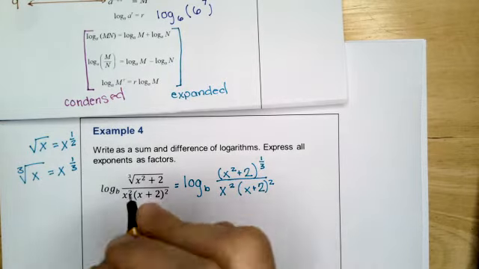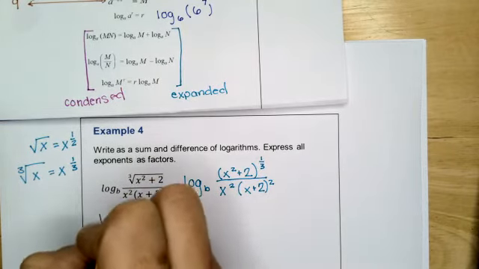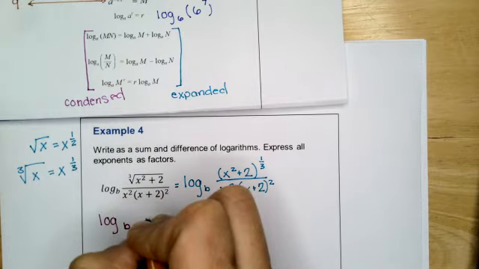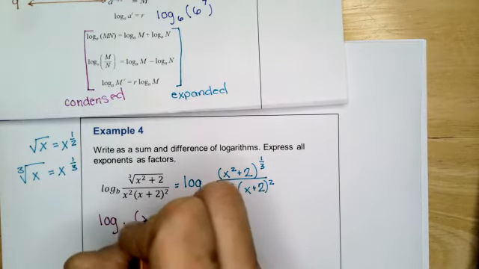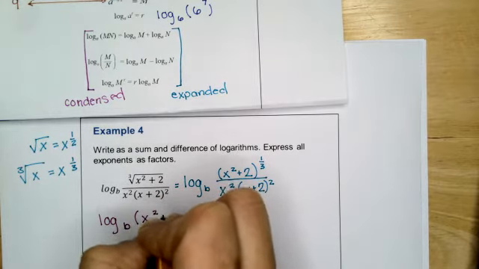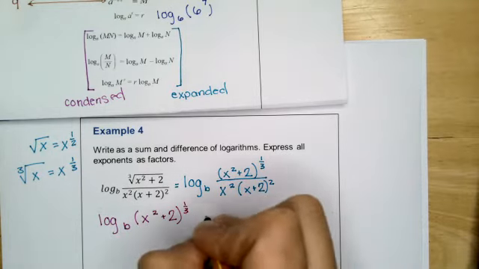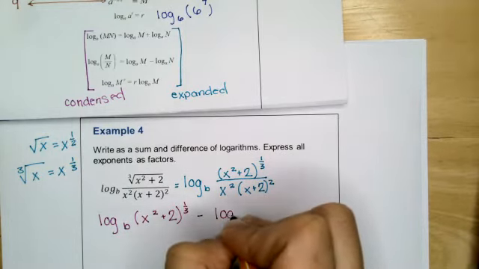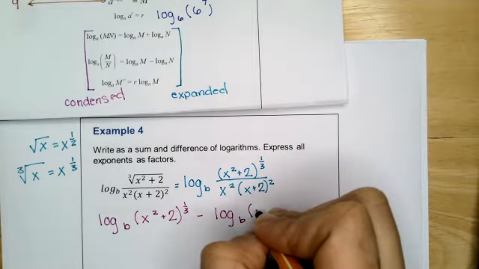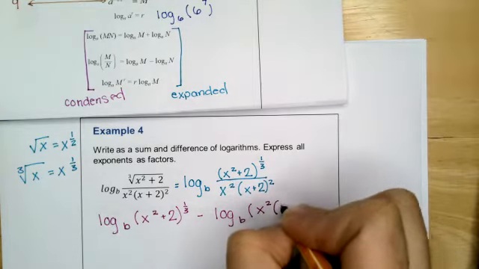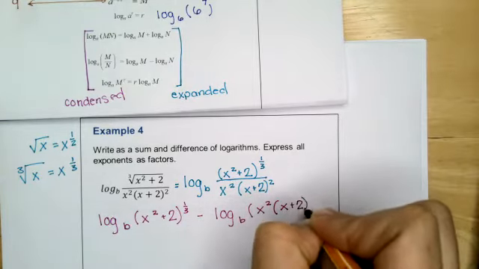So that rule says I can subtract, right? So now I have log base b of x squared plus 2 to the power of 1/3 minus log base b of x squared times x plus 2 squared.